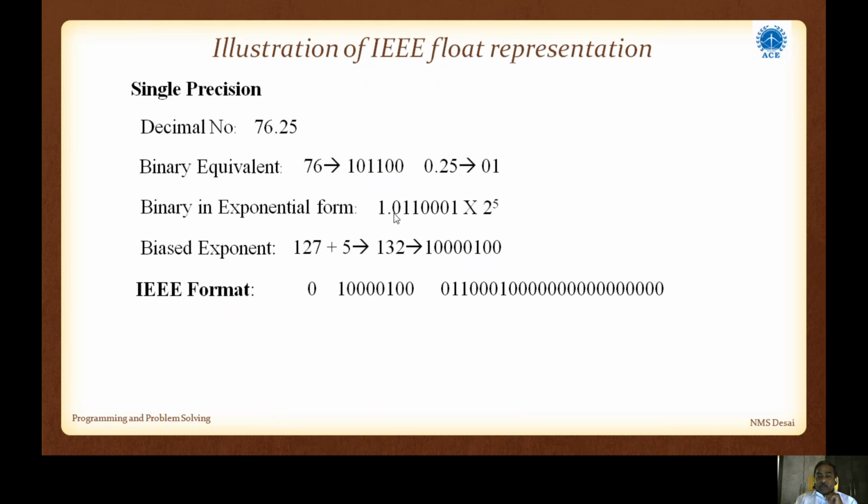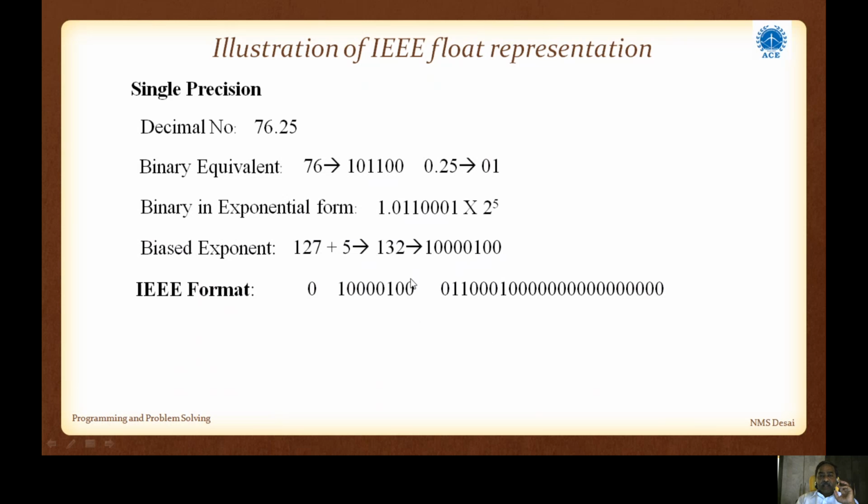We have written 0110001 here. And then what about all these zeros? Remember, the IEEE format is 23-bit. So for the remaining empty locations, zeros are filled by the computer for fulfilling the number.